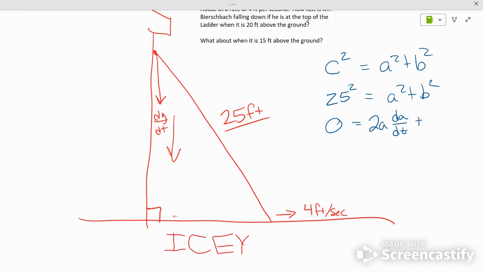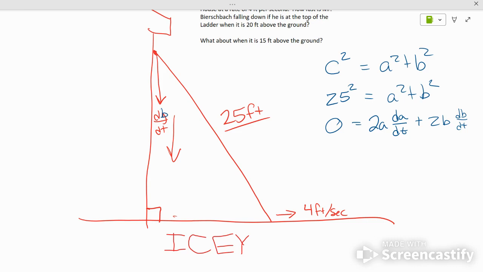Plus, what's b? 2b dB/dt. And I said this was dy/dt, we'll just make this dB/dt. It doesn't matter exactly. It could be x squared plus y squared equals 25 squared. But this is the formula we need to use.